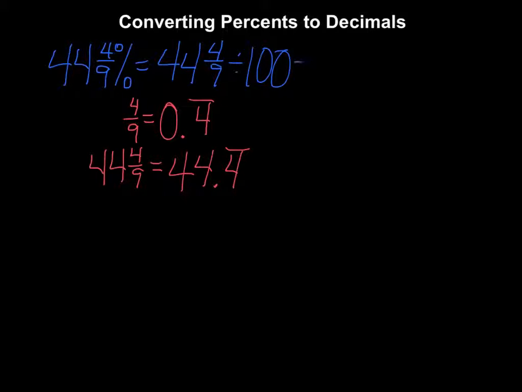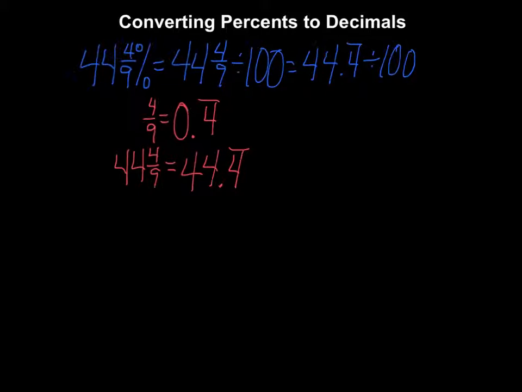So up here, 44.4 repeating divided by 100 will still move the decimal 2 times. But if I move the decimal once and then twice, we will end up with 0.444 with the last 4 repeating.